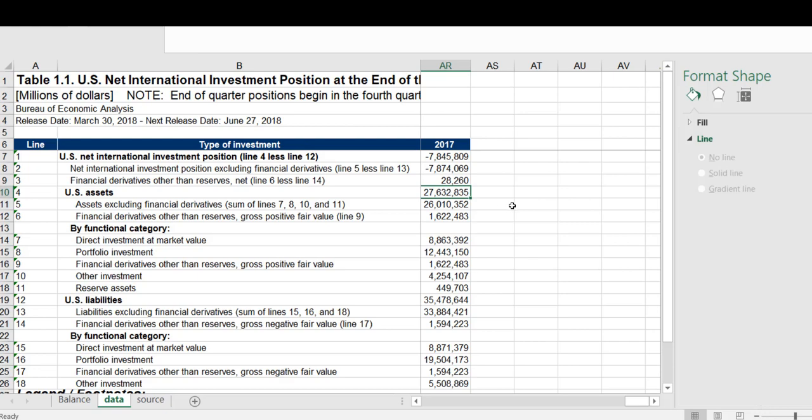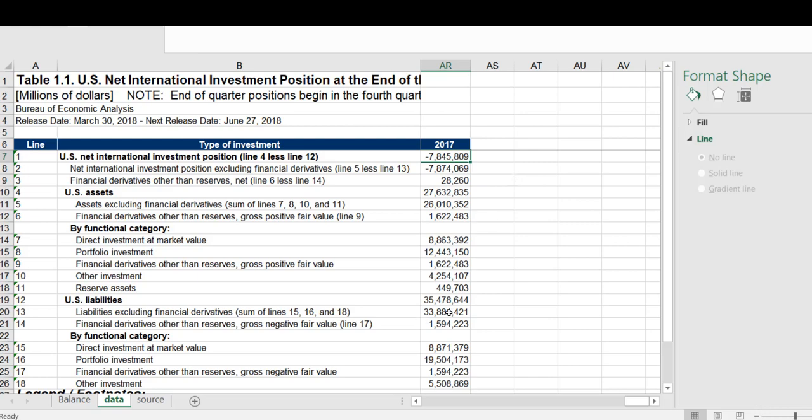The US owns in foreign nations about $27.6 trillion worth of assets. Foreigners own about $35.5 trillion of US assets. The difference between these two numbers amounts to that $7.8 trillion negative position. So this is another motivation to keep good relationships with foreign nations.